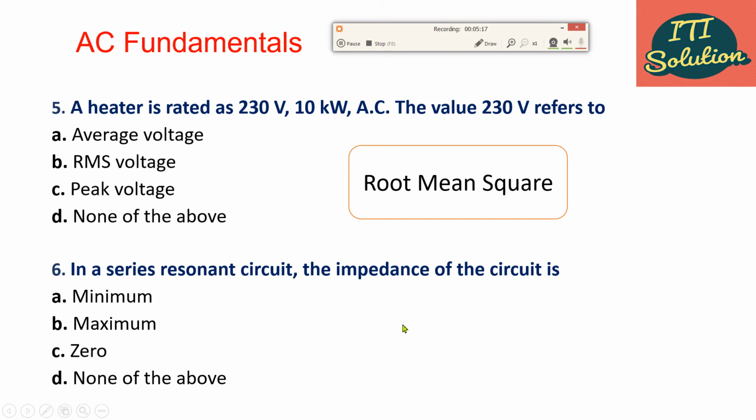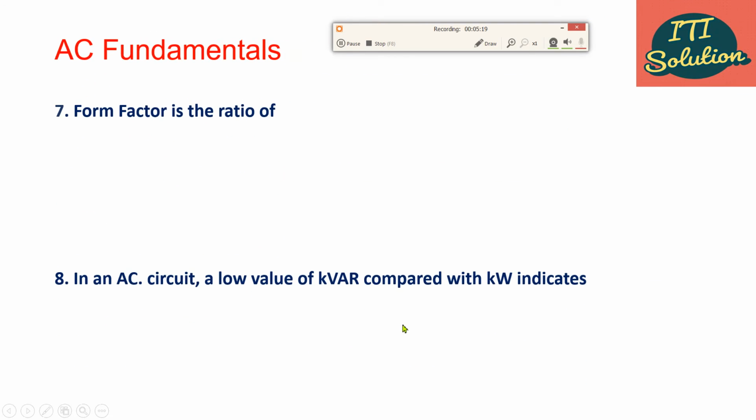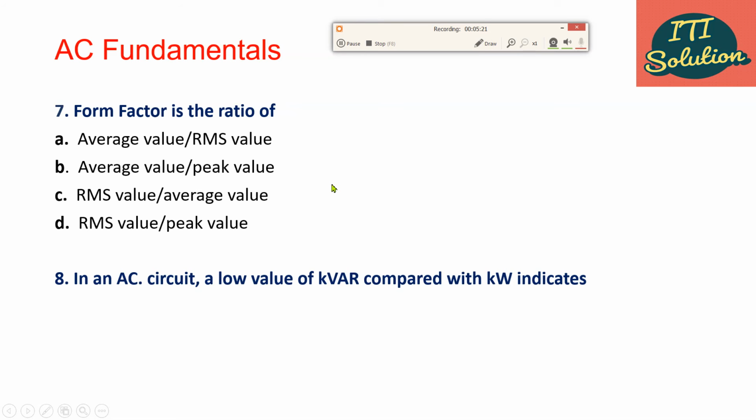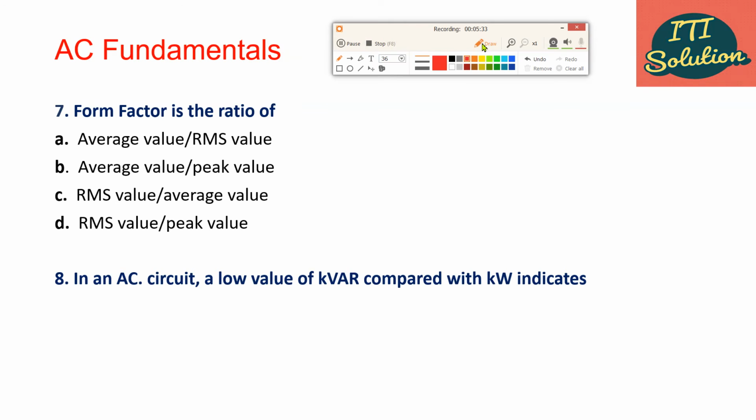Clear? Next question. Form factor is the ratio of option A average value by RMS value, option B average value by peak value, option C RMS value by average value, option D RMS value by peak value. Correct answer is option C. Form factor is the ratio of RMS value by average value.